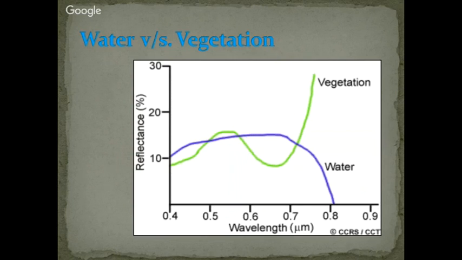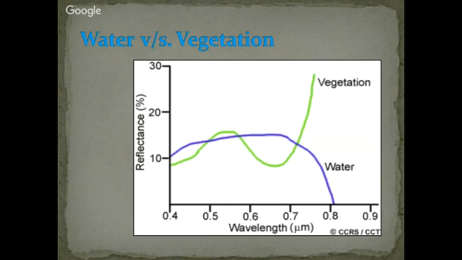Now this is one example of a comparison between the reflectance behavior of water and vegetation. We have drawn these curves in the visible spectrum to near infrared part, that is 0.4 micrometers to 0.8, 0.9 micrometers. If we see the reflectance behavior of both water and vegetation, they are very similar.